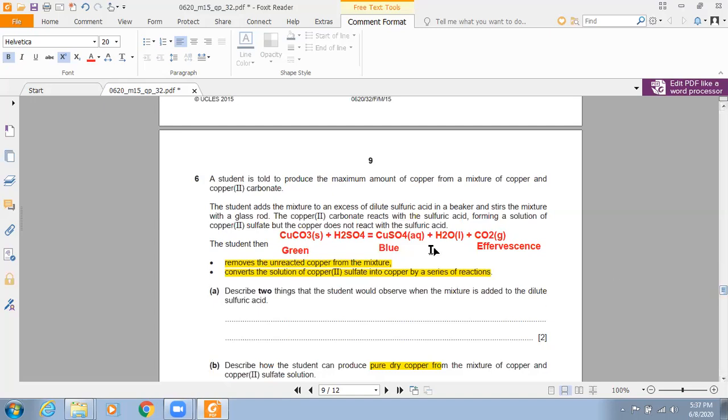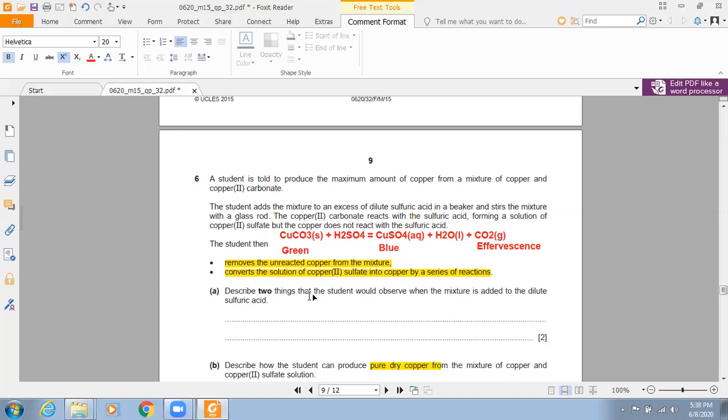You know that metals which are below hydrogen in the reactivity series will not react with acid. So copper will not react with acid. So when you add sulfuric acid, copper carbonate will react, copper will not react. So by this reaction, copper carbonate will form copper sulfate, right? So copper will remain as an insoluble substance, and unreacted copper can be removed from the mixture by filtration easily.